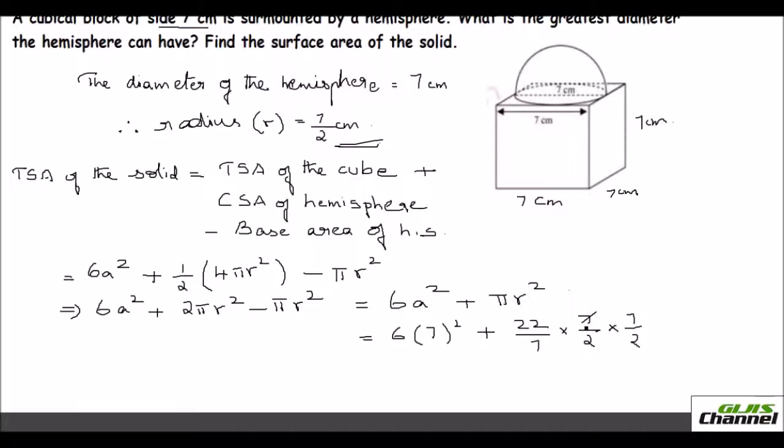Do the calculation. Your 7 and 7 will go here. This becomes 11 and this. And when you do the calculation, you get 294. Okay, that is 6 times 49 is 294. Add 11 times 7 is 77 divided by 2. So that will give you 38.5.